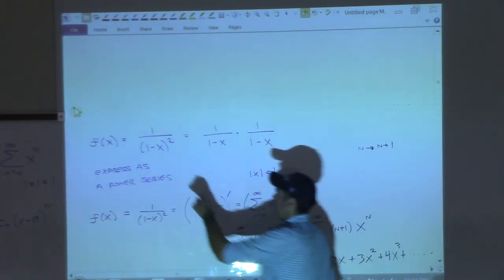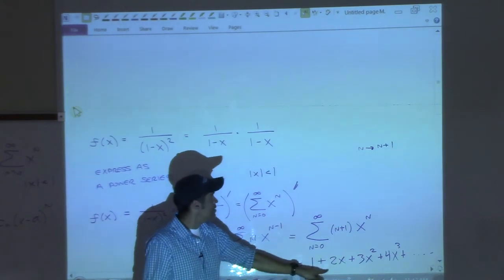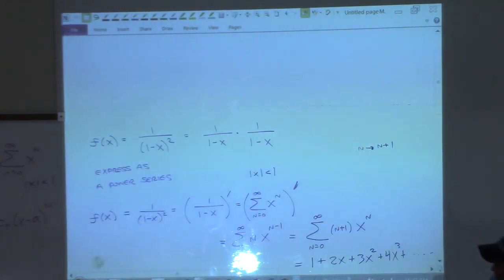This function should look like this infinite polynomial on the interval here. Do you think it does?